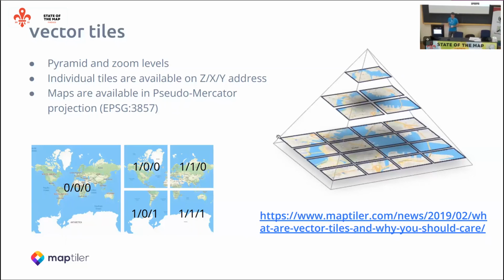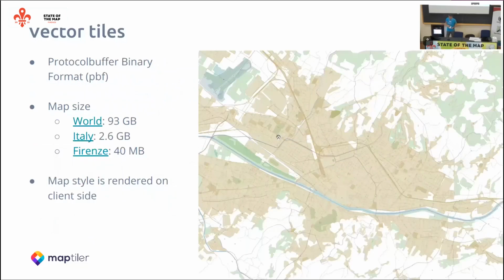So far, it sounds pretty similar to raster tiles, right? So what is the difference then? The traditional raster tiles you will get as PNG, WebP or JPEG images that are next to each other.